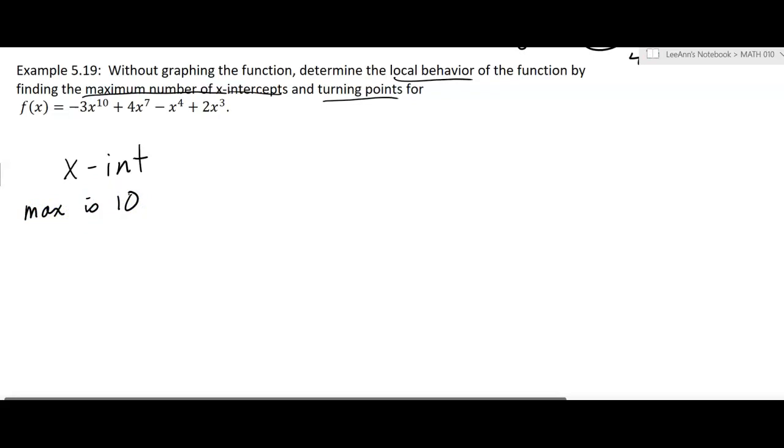That's the most I could have because it goes by that exponent. All right, the max number of turning points is going to be 9. The max is 9. So you could have 9 turning points.